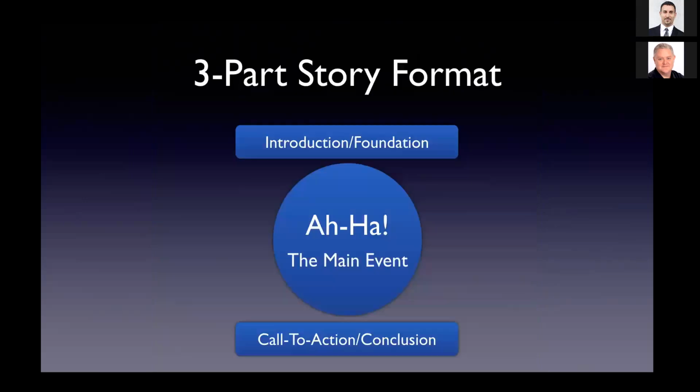story. In general, when we look at infographics online, we want to tell a three-part story. We want to start with an introduction, some sort of foundational information. What kind of data or information does your audience need to understand before you share your main point, right? And so your main point ought to be that aha moment, that insight that's revealed to the audience, and that needs to be your key message.